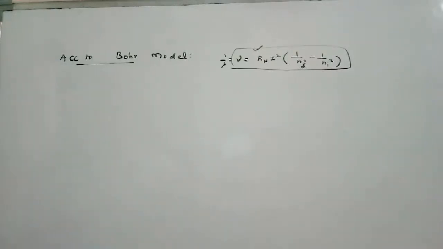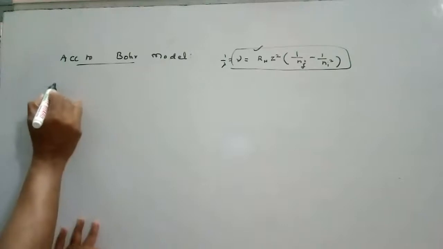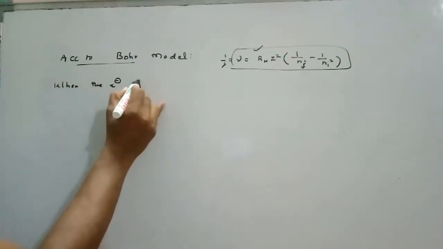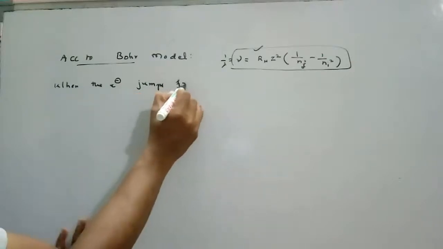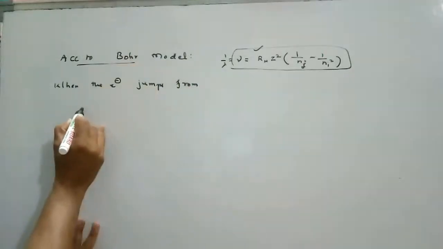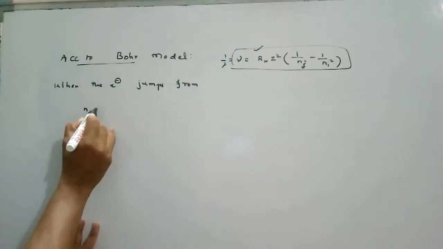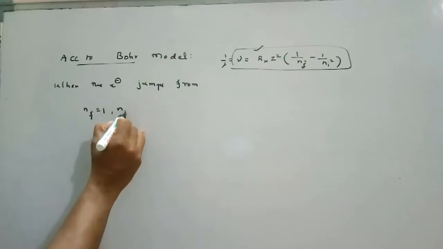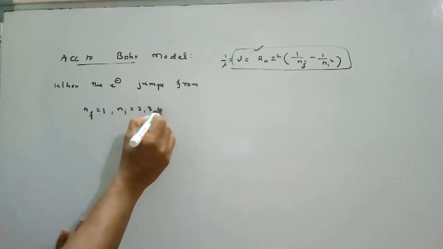See, when the electron jumps from Nf equal to 1 to Ni equal to 2, 3, 4.